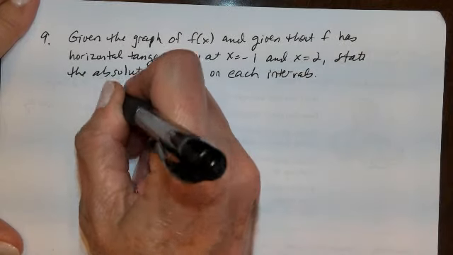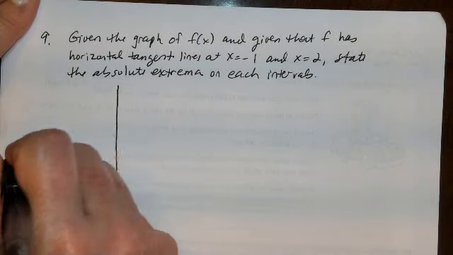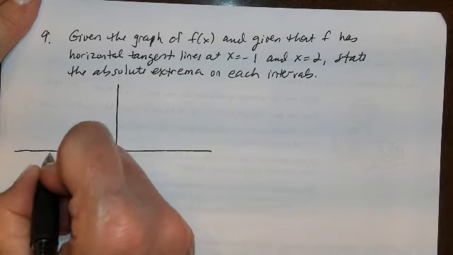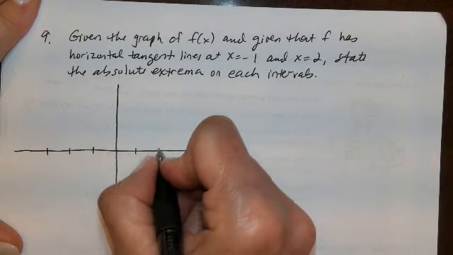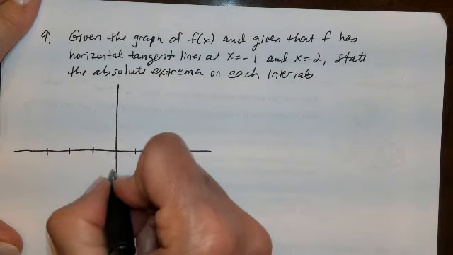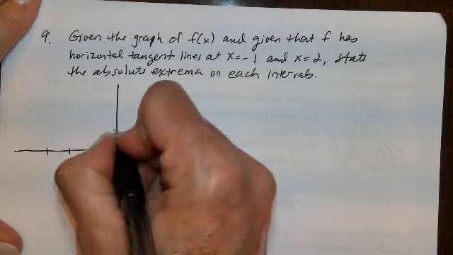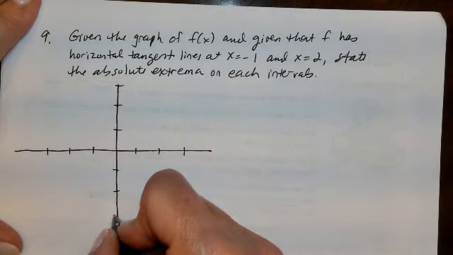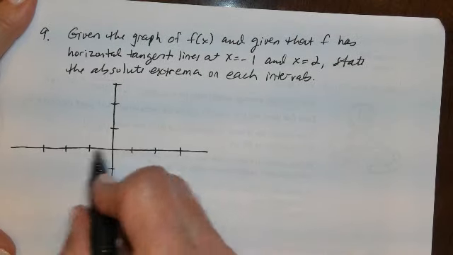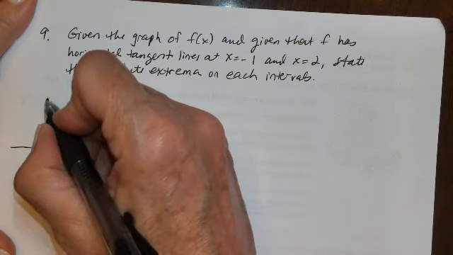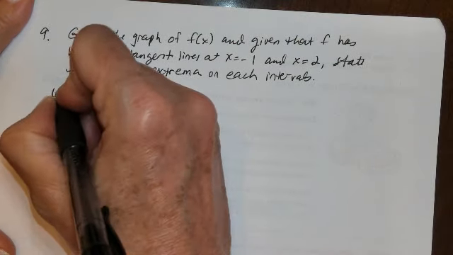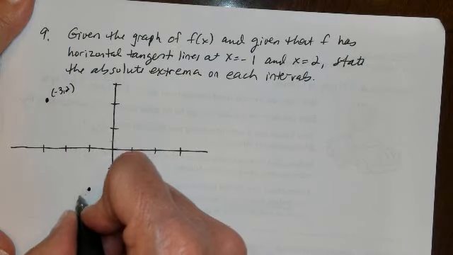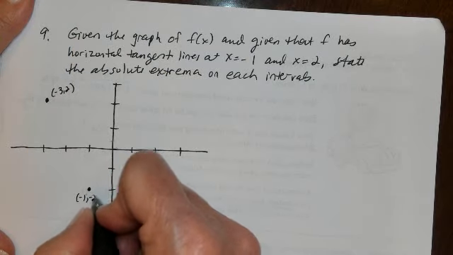Okay, let me see if I can sketch this out and make it look halfway decent. I want this point to be at -3, 2. I'd like this point to be at -1, -2.